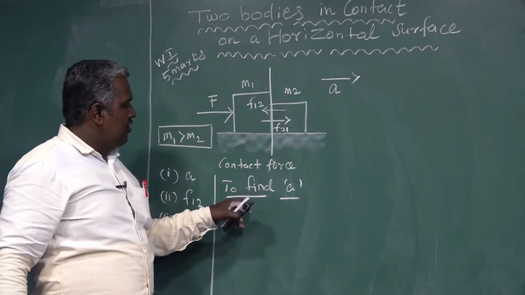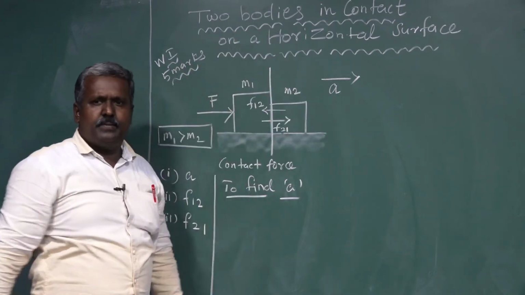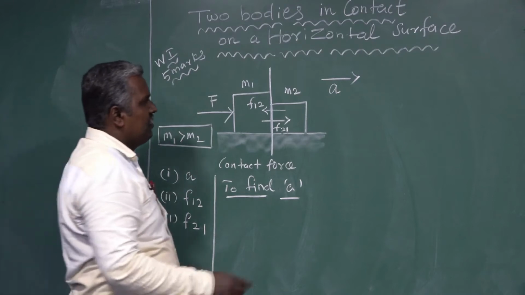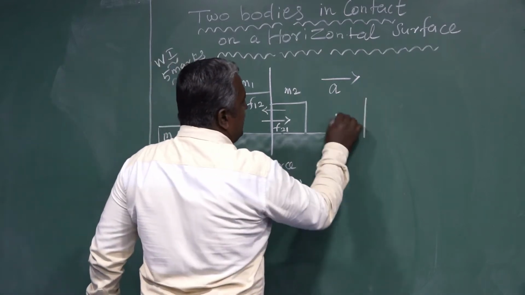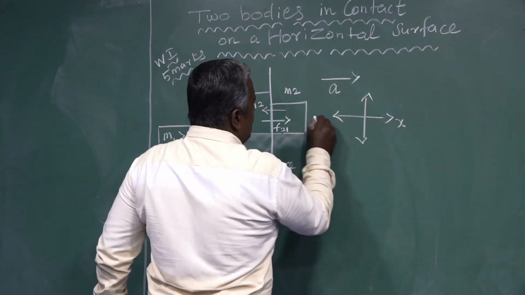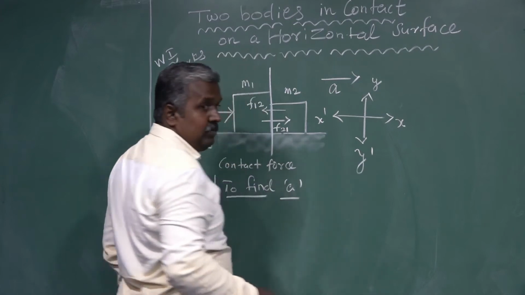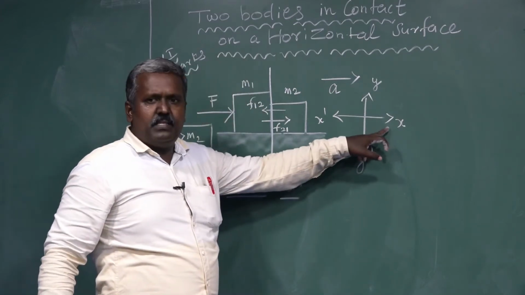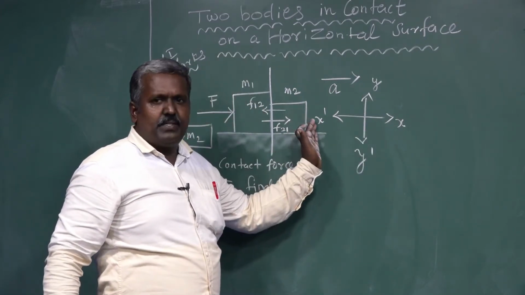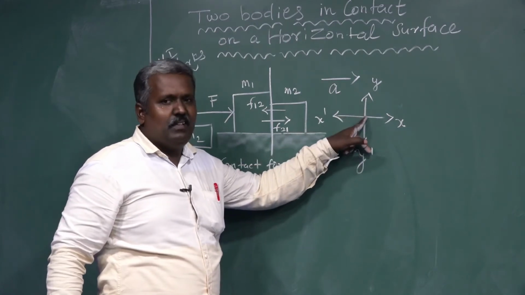So to find the acceleration of the entire system, before that, just consider axes. That is very, very important. X dash, y dash, positive x axis, negative x axis, positive y axis, negative y axis. This point is the origin.